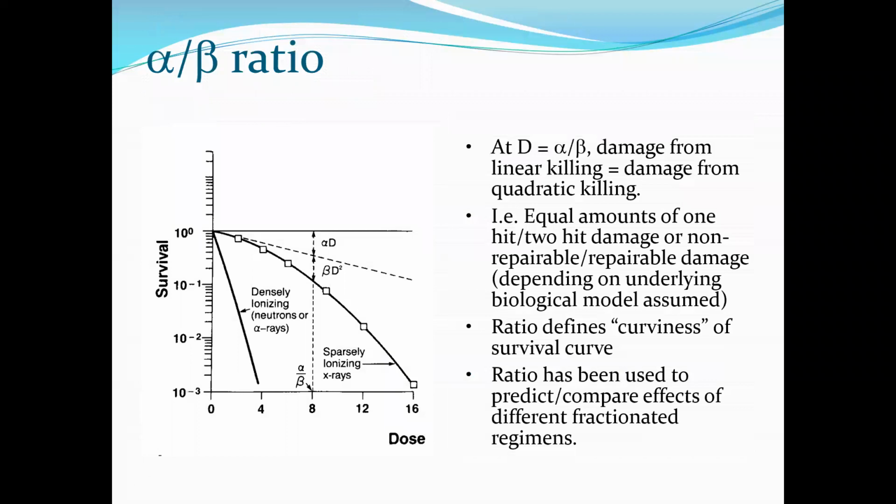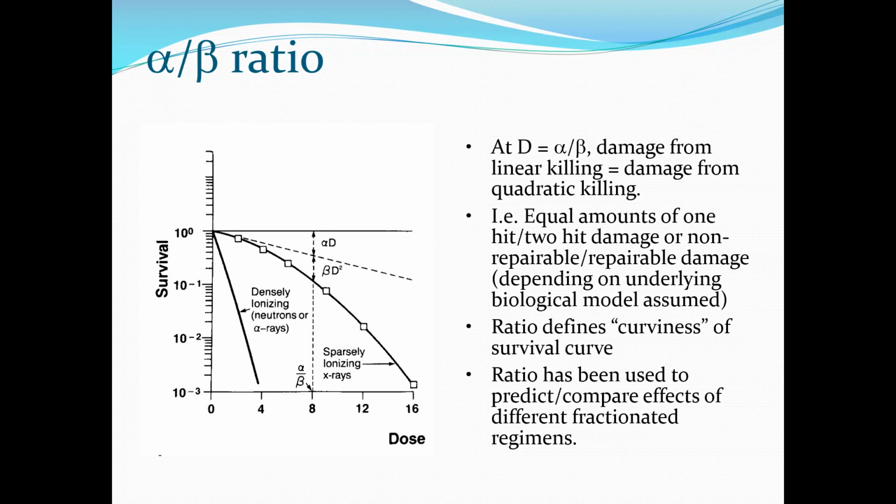At D equal to alpha by beta, damage from linear killing is equal to damage from quadratic killing: equal amounts of one hit or two hit damage, or non-repairable and repairable damage. The ratio defines the curviness of the survival curve. The ratio has been used to predict and compare effects of different fractionated regimens.